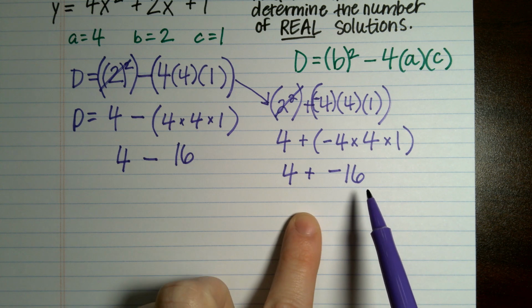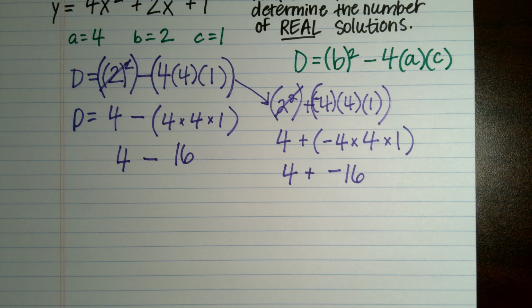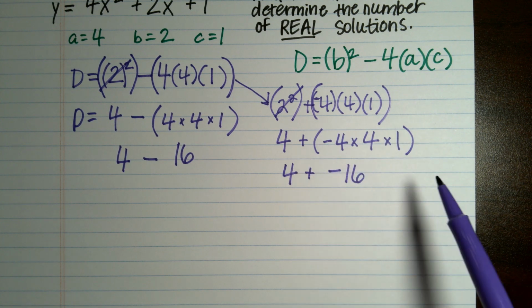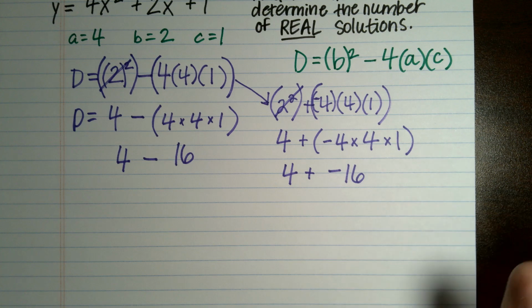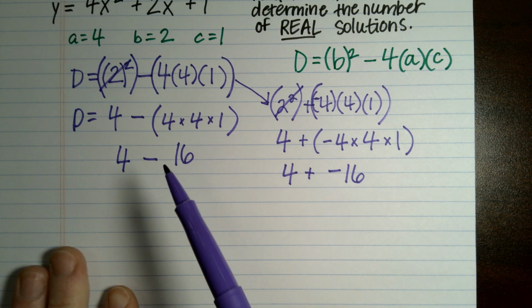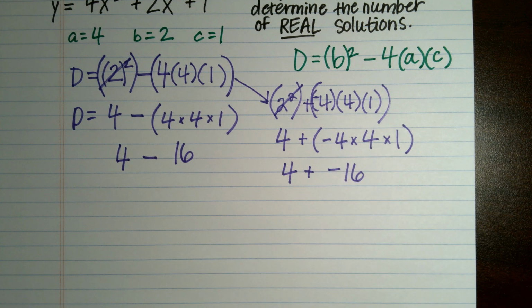The reason it made more sense for us to do plus when we were doing the quadratic formula previously is because I was making it so our answer would always be a positive number. Now we might have some negative numbers. So in the long run, not making it the plus might make it a little bit less confusing.